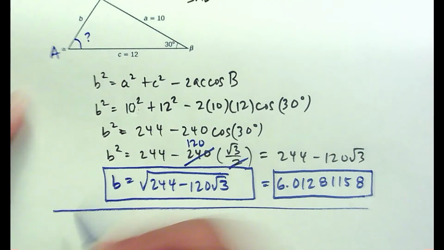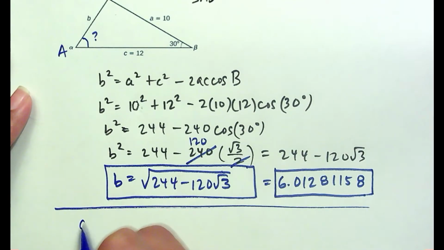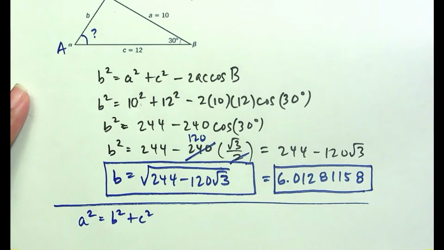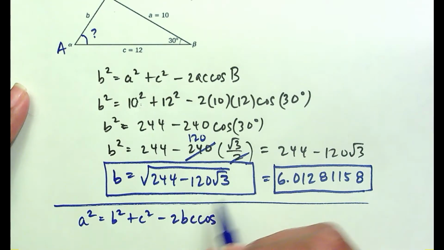The law of cosines says little a squared equals b squared plus c squared. But because this is not a right triangle, we have to fix this equation by subtracting 2 times bc times the cosine of the angle between b and c, which is capital A.